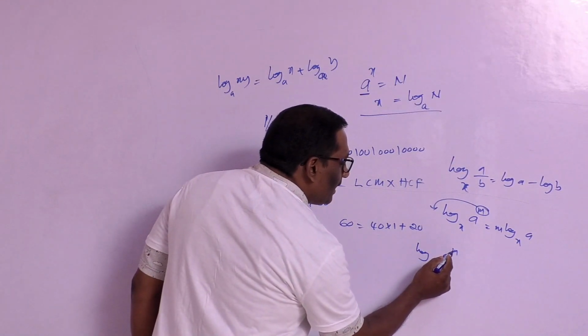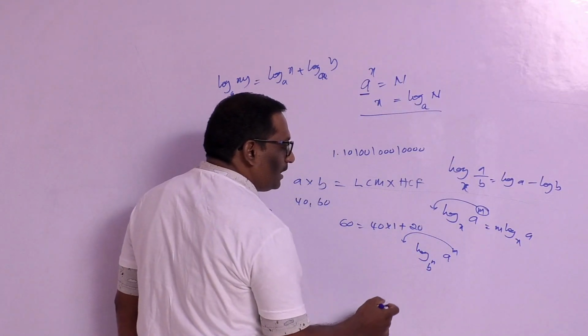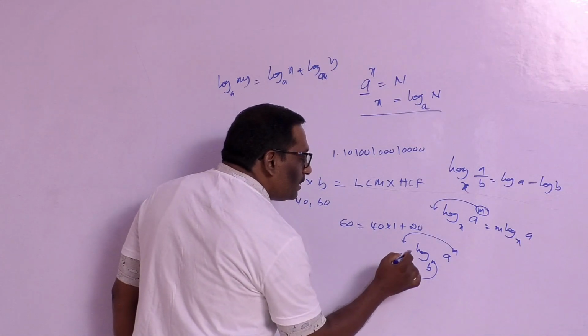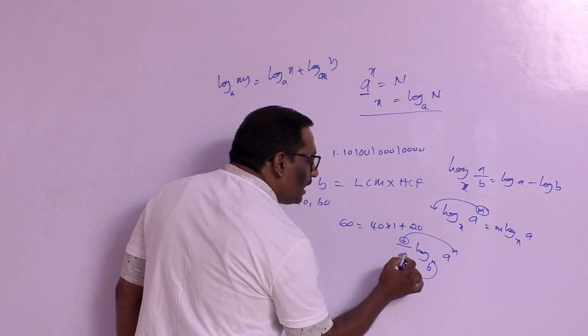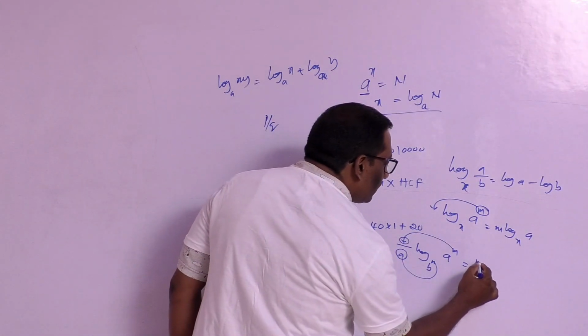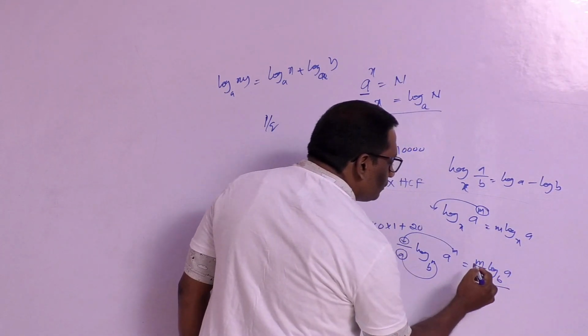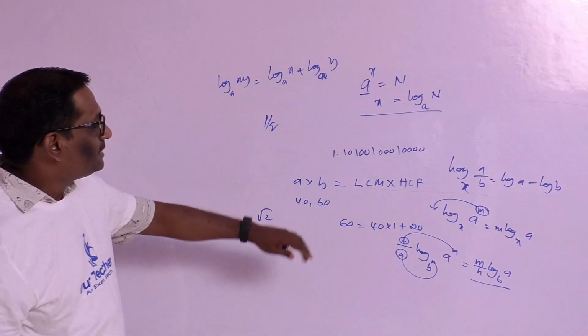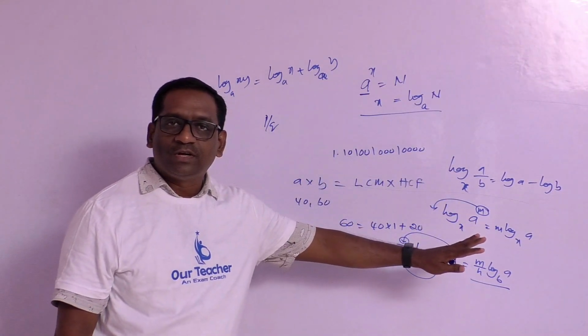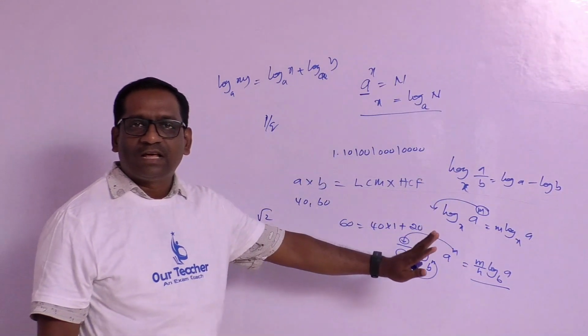As I already explained, m will come here, and this n will also come here. This number will be in the numerator and this number in the denominator, so you get m by n log a to the base b. These are the four formulae we discuss most importantly in the first chapter.